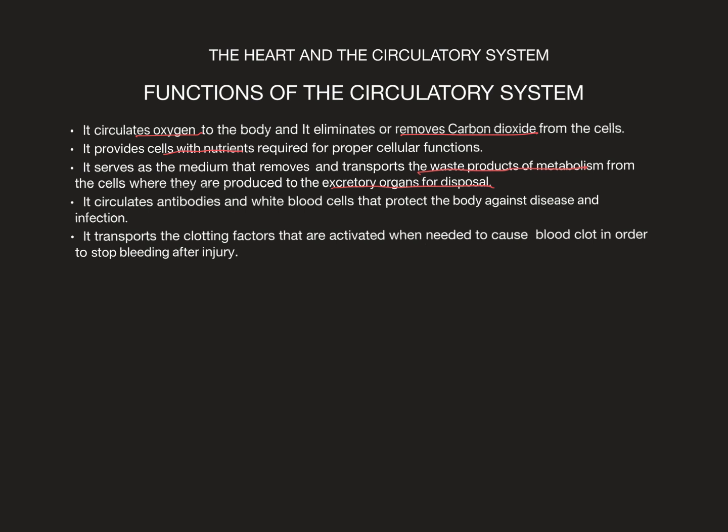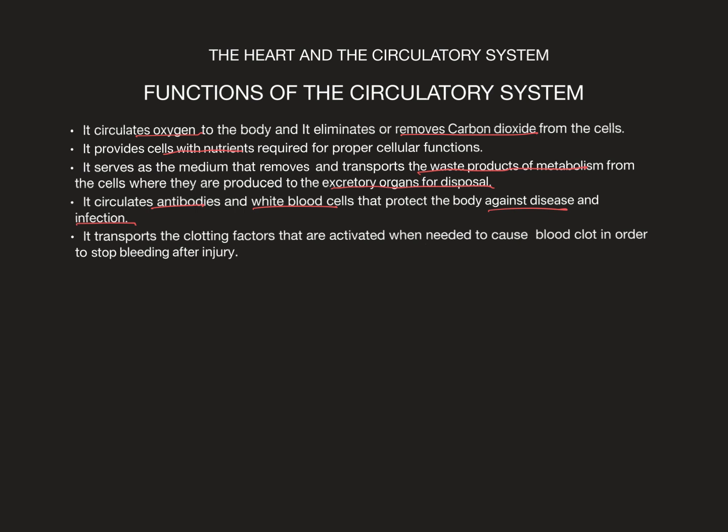So the circulatory system circulates antibodies and white blood cells that protect the body against disease and infection. In our blood, we have antibodies and white blood cells. Whenever harmful microorganisms enter our body, the white blood cells and the antibodies work together to eliminate infections.